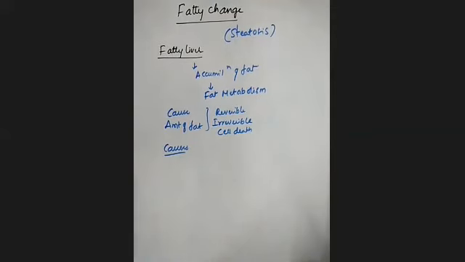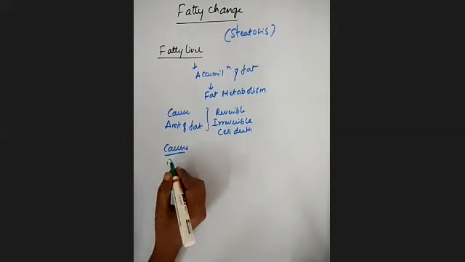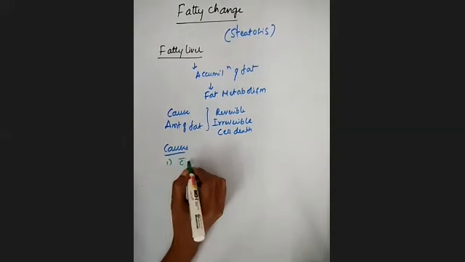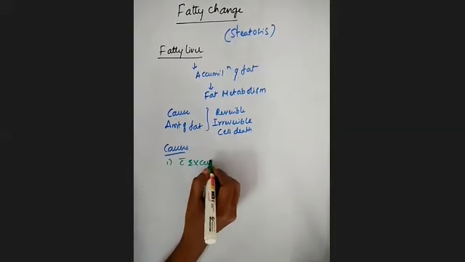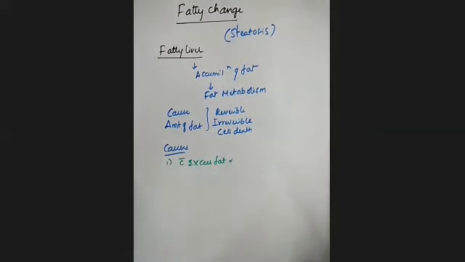Mainly, this fatty change in the liver results from two causes. The first one is conditions with excess fat. What is meant by conditions with excess fat? It means exceeding the capacity of the liver to metabolize fat.